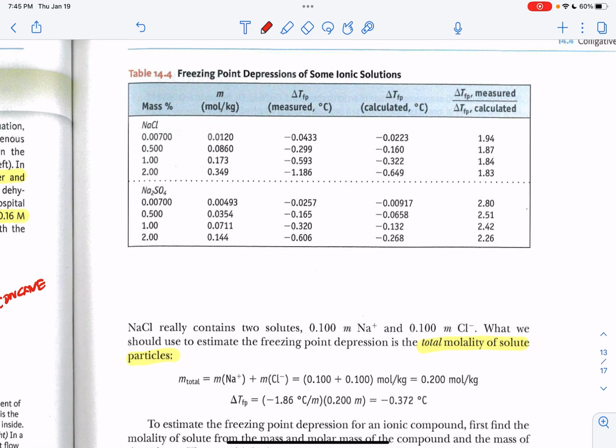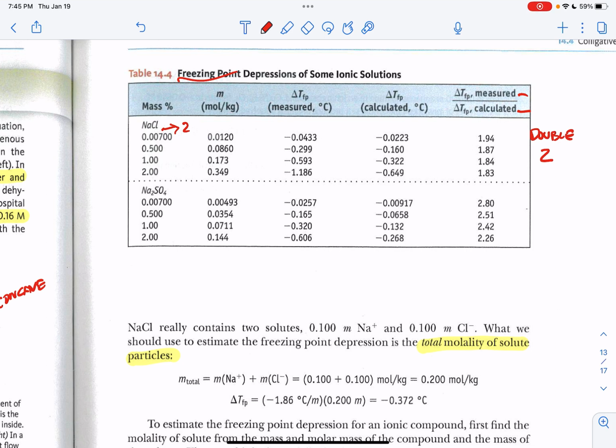If we take a look at this chart, if sodium chloride should become 2 particles, we would expect that when we dissolved any concentration of sodium chloride in water, it would double the colligative property. The freezing point is what this one is talking about. And so we would expect that the ratio of the measured to the calculated, as if we were ignoring that it's an ionic compound, would double the effect.